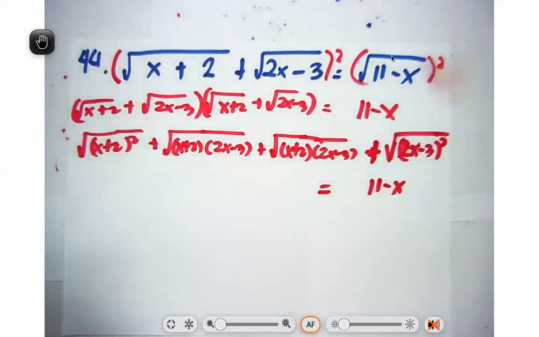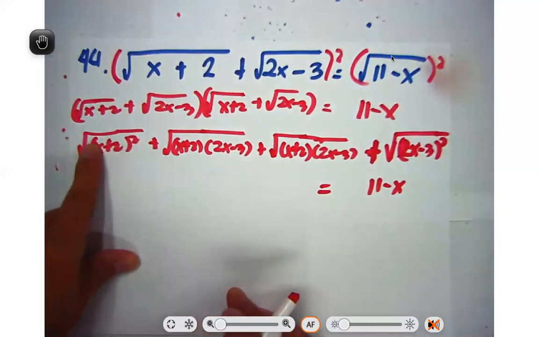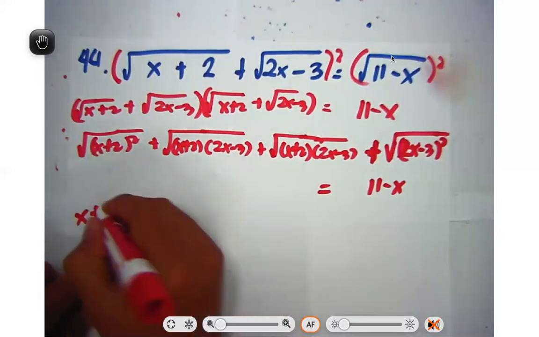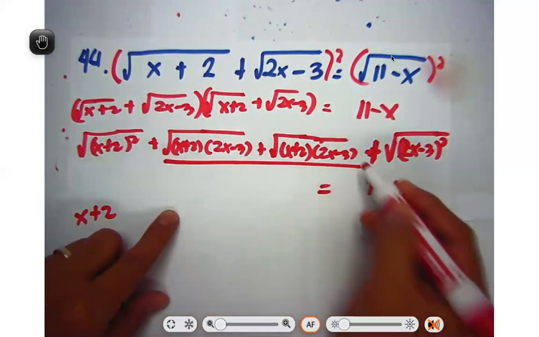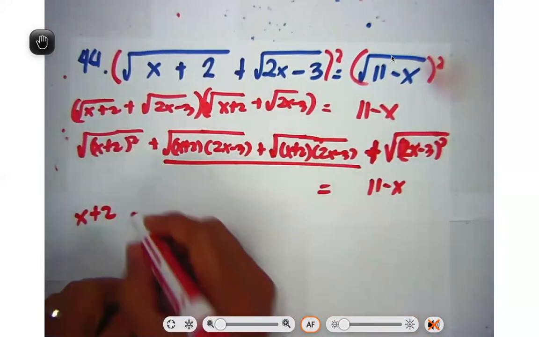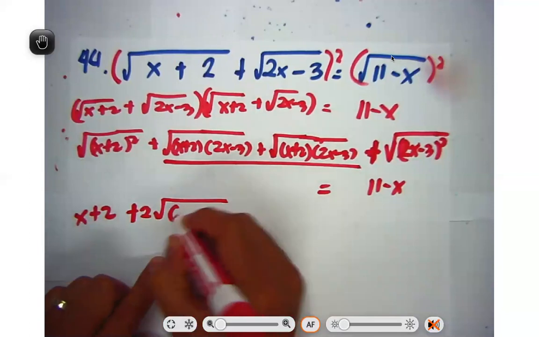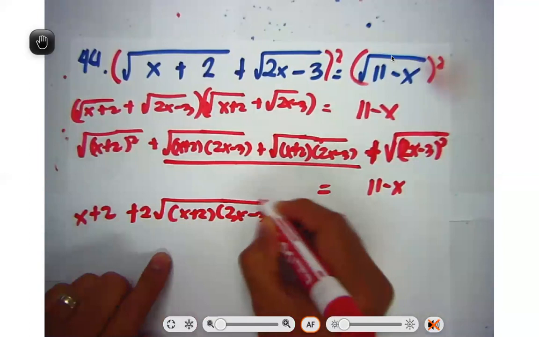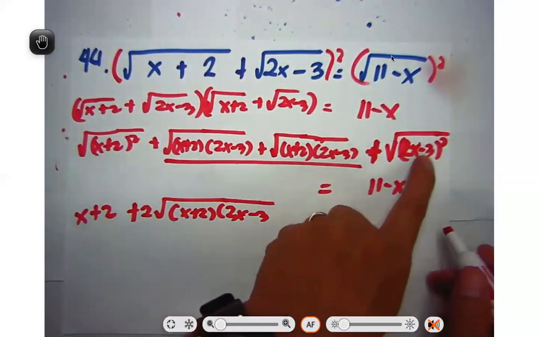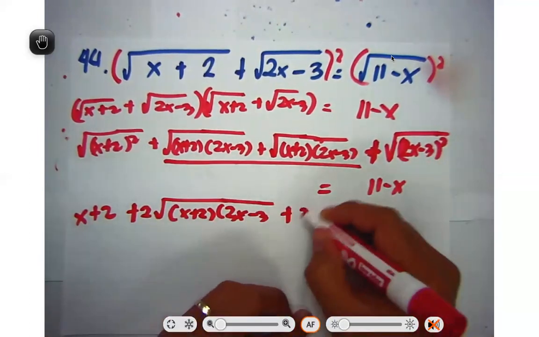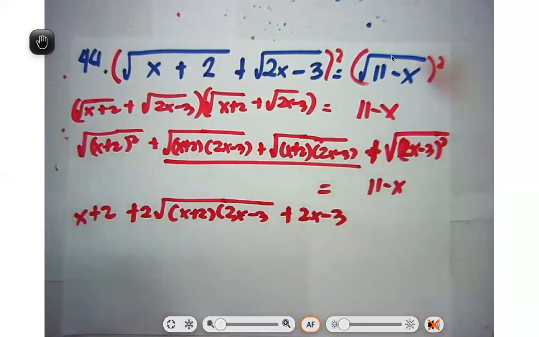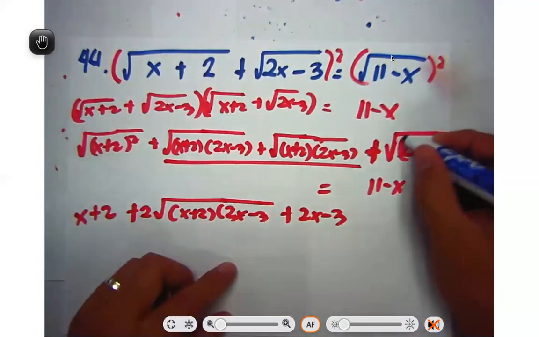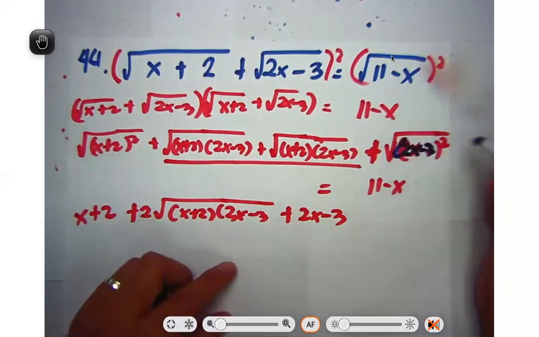Let's simplify it. The square root of the square of x plus 2 is simply x plus 2. Now these are like radicals, so we can add 1 plus 1. You have 2 square root of x plus 2 times 2x minus 3, and the square of this is simply 2x minus 3.